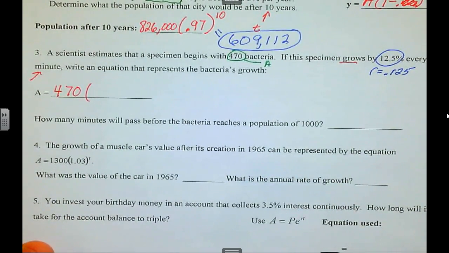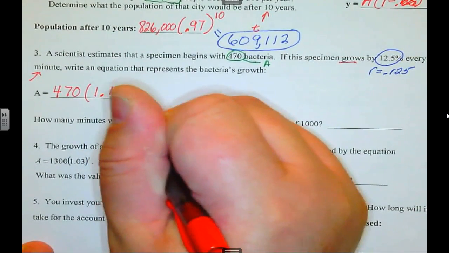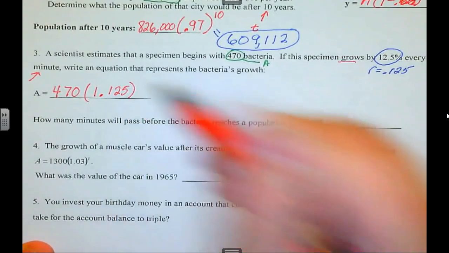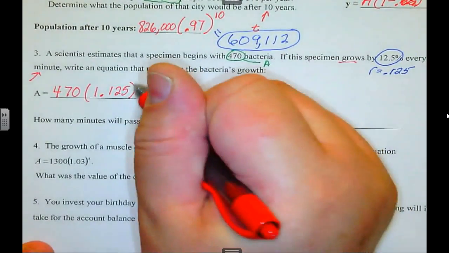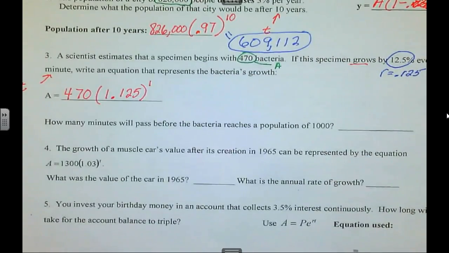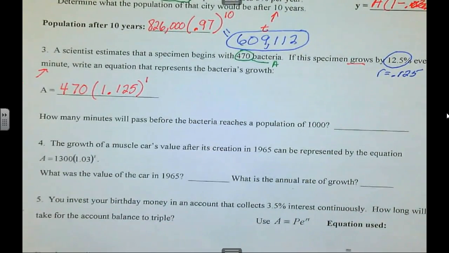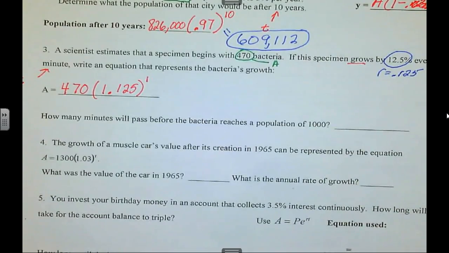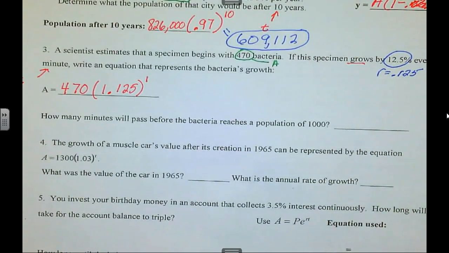What's 1 plus 0.125? 1.125. And t is every minute. Every minute.